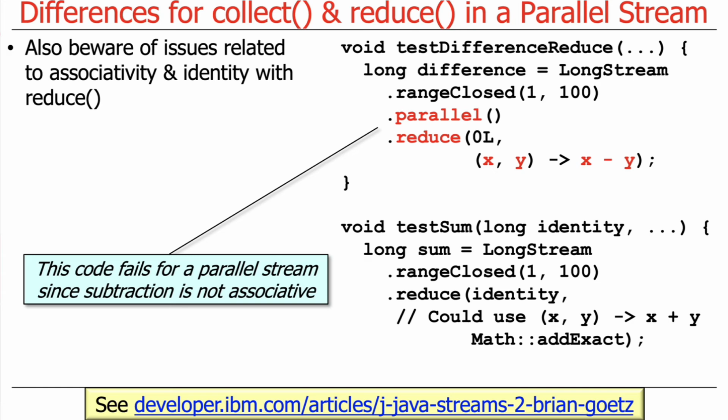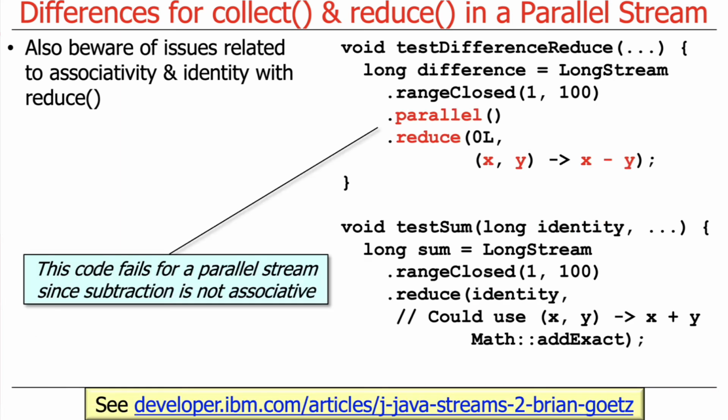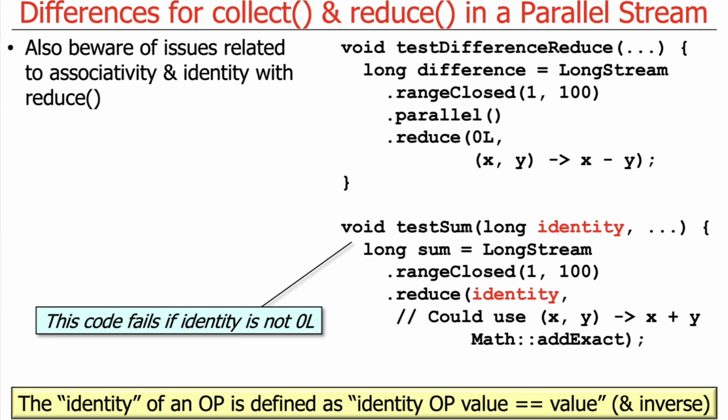The way you group things matters. And when you start running things in parallel, keep in mind that stuff may not go in a nice linear fashion. It'll be perhaps different each time because of the inherent and intentional non-determinism of parallel processing. So subtraction is not associative, so you can't do non-associative operations for reduce. That means divide is out, that means subtract is out, but addition and multiplication are in. And that's pretty subtle, right? If you just look at reduce, it may not be clear at first glance that that's what it does.